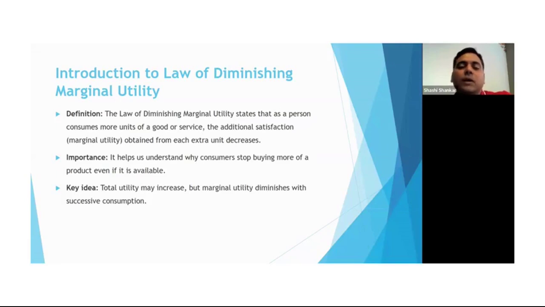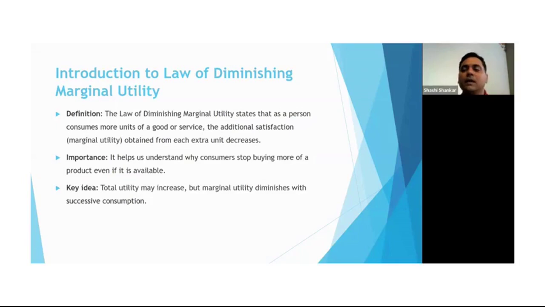The reason is that after a certain extent, when they are consuming or using one extra unit, it definitely starts decreasing their level of satisfaction. All right, that comes under the marginal utility concept. So it is nothing but a diminishing trend, a downward trend.